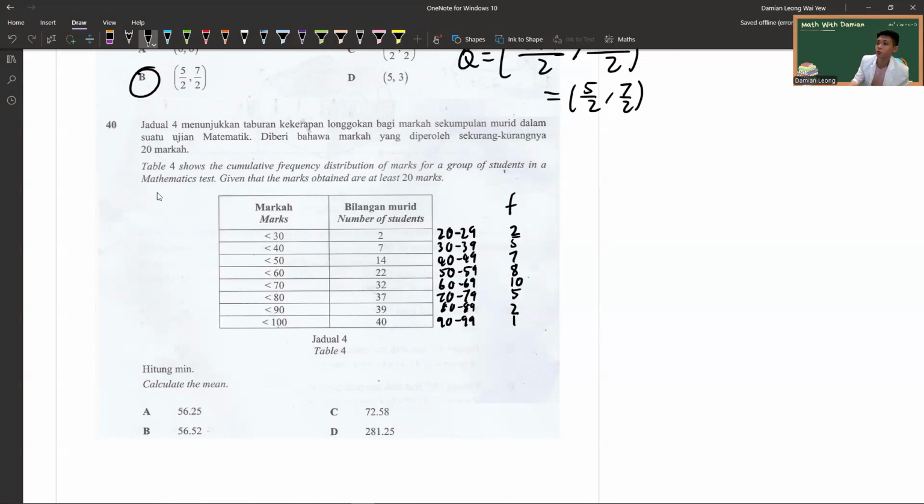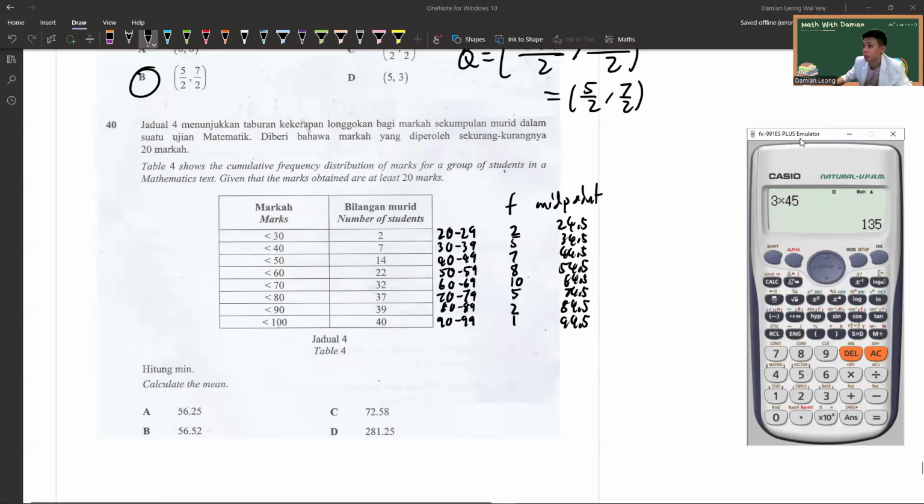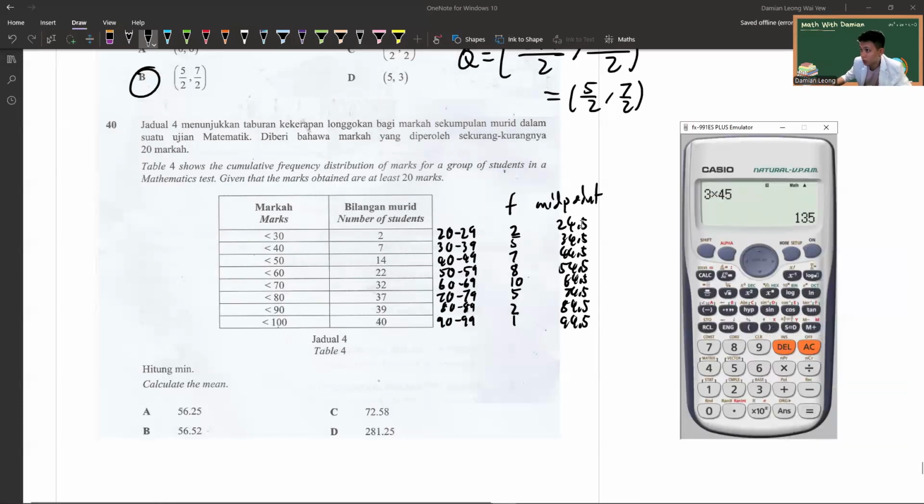But to find the mean, I need to use midpoints. Midpoints of the intervals, just add the lower limit and upper limit together, then divide by 2. Means 24.5, 34.5, 44.5, 54.5, 64.5, 74.5, 84.5, and 94.5. So we calculate using the formula of mean, sum of each frequency times the midpoint.